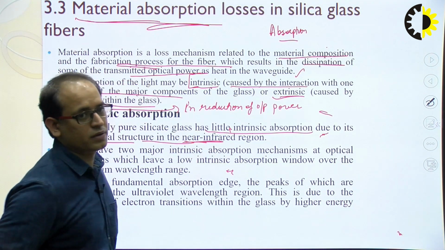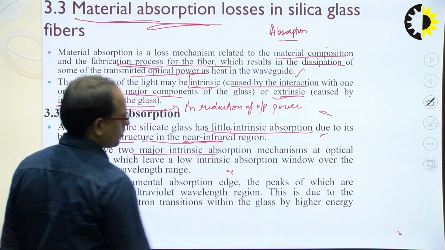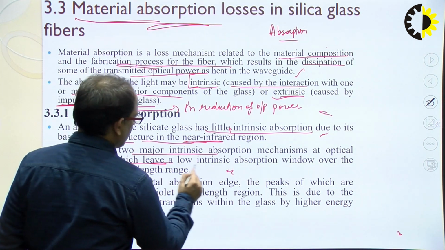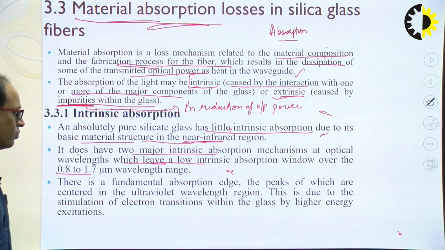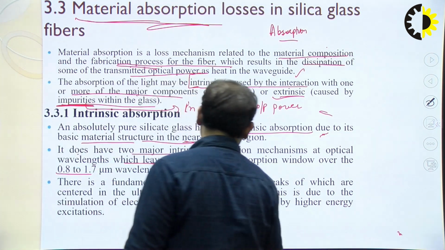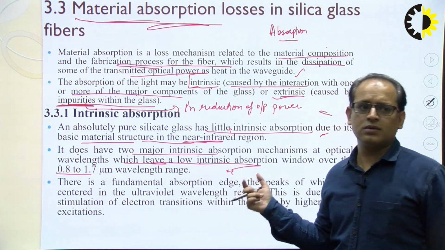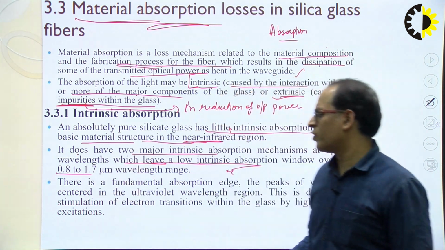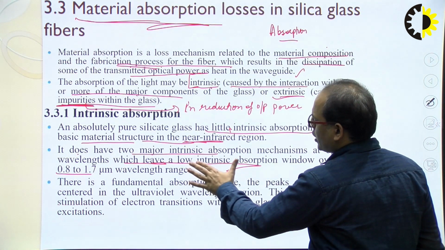So it does have two major intrinsic absorption mechanisms, and at wavelengths from 0.8 to 1.7 micrometer there is a low intrinsic absorption. It means in the optical power window, in the range of 0.8 to 1.7 micrometer, there is less intrinsic absorption.